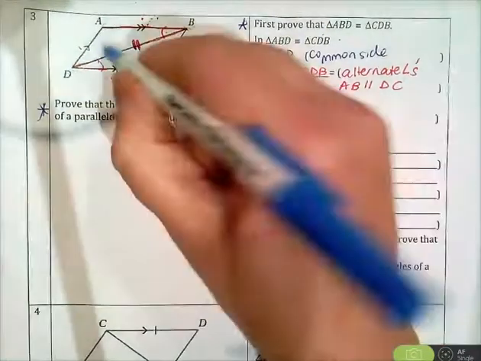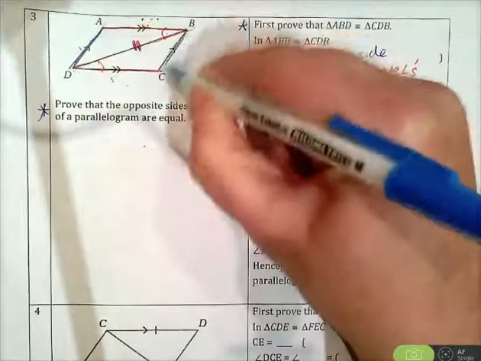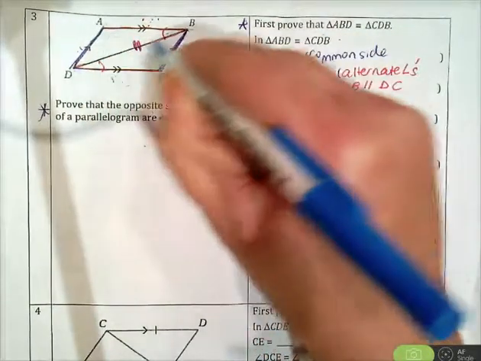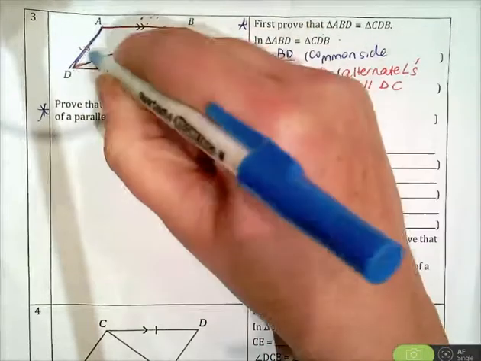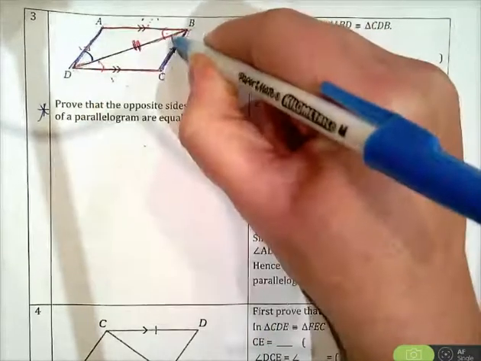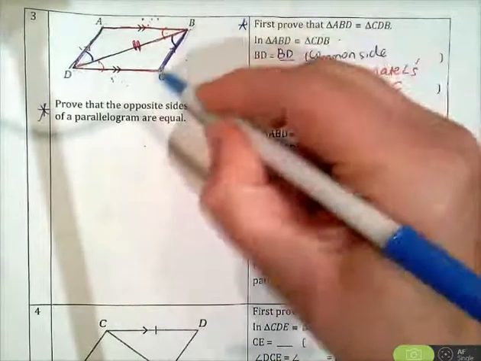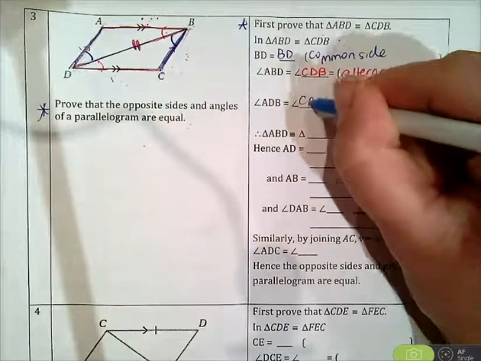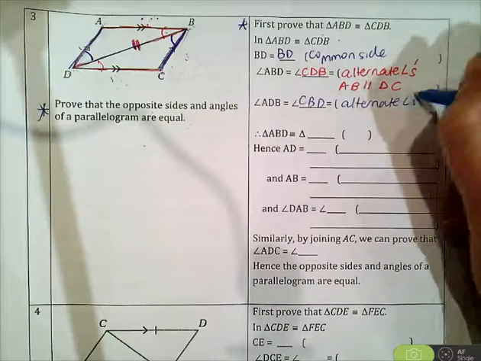Now in blue, we've got these two parallel sides AD and BC, and from those we form this alternate angle. You can do backward Z's as well. Looking at those with the blue arcs, angle ADB is equal to angle CBD. The reason is they are alternate angles, but it's not the same two parallel lines as before.